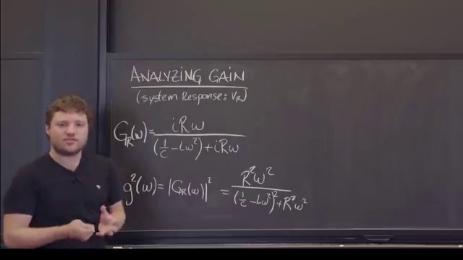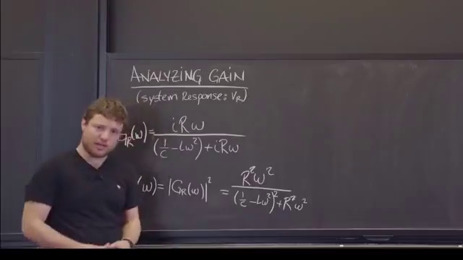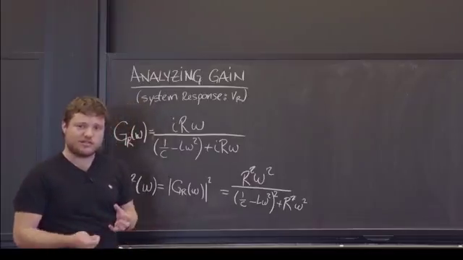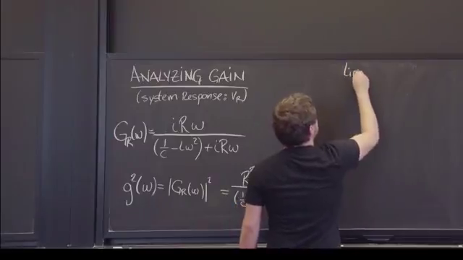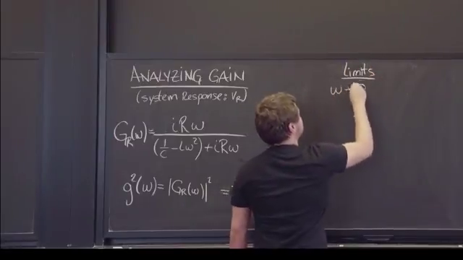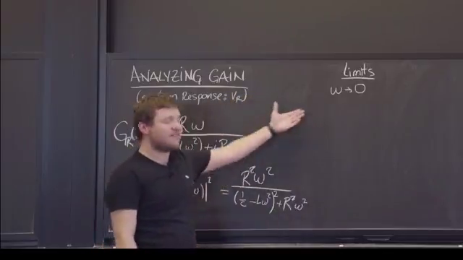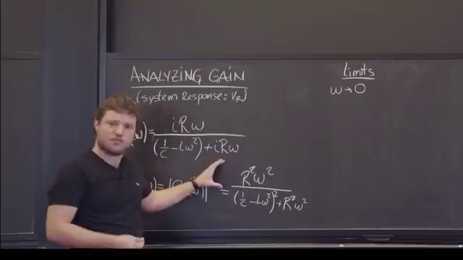Some questions that we're interested in asking is, what happens as we vary omega? So let's look at some extreme cases. What happens when omega goes to 0? That is, if we're driving the system with small frequencies. So let's look at this expression.